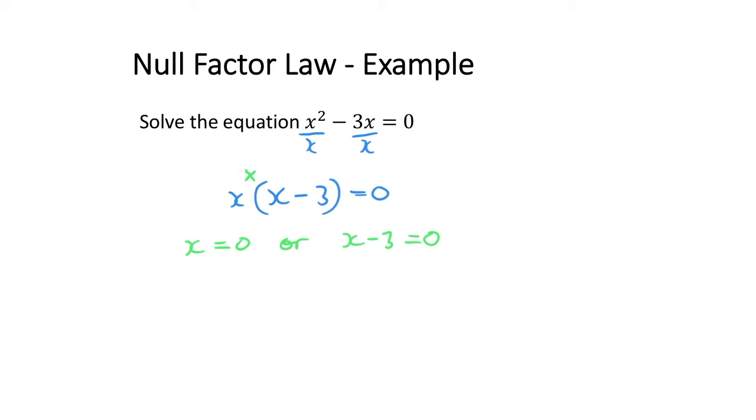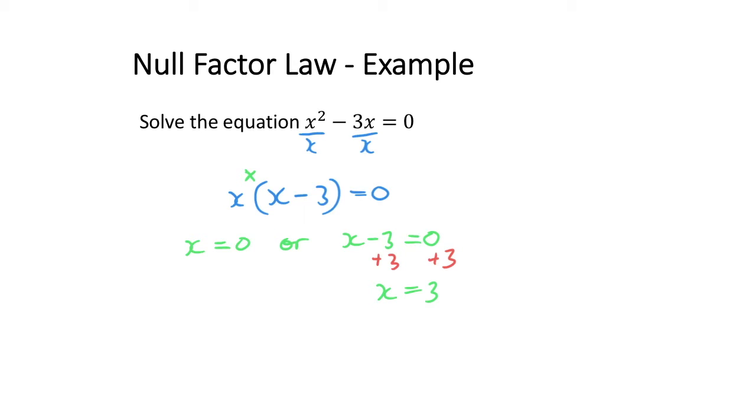So one of my values of x is going to equal 0. And then to work out what my other value of x is going to be, x minus 3, to get x by itself, I need to add 3 to both sides. So therefore, x is going to equal 3. The solutions to the equation x squared minus 3x is equal to 0 are x is equal to 0 or x is equal to 3.